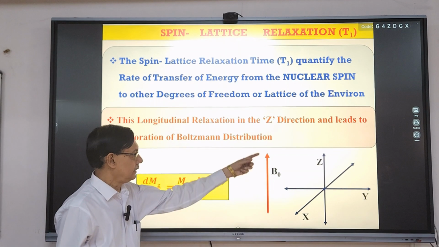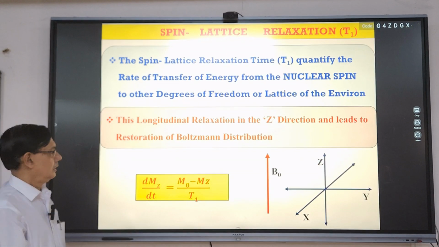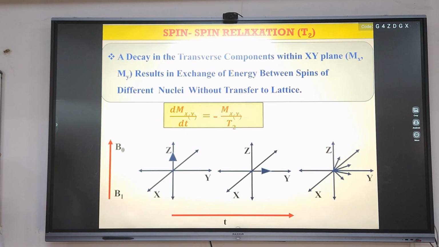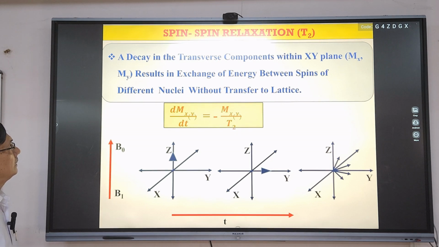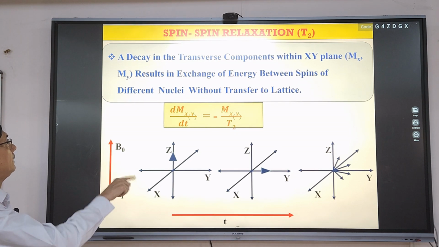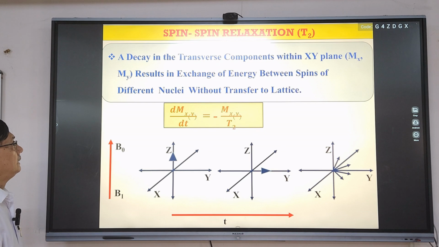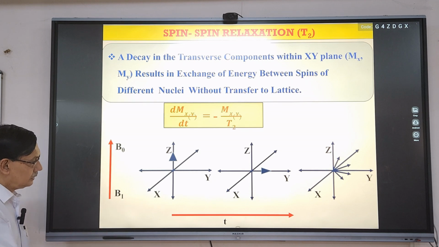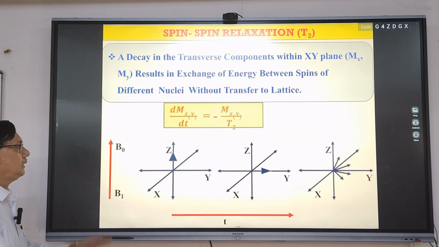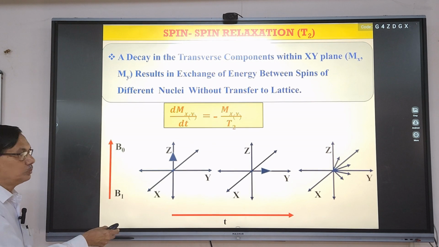This is the external magnetic field, and this is called the decay of the transverse components in the XY plane, and that is the most important part for chemical kinetics. While discussing the kinetics, I will explain the role of T1 and T2.